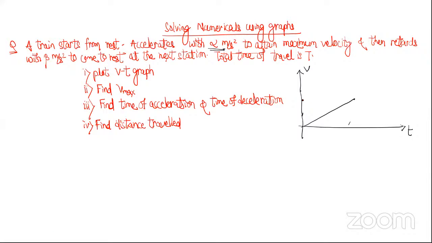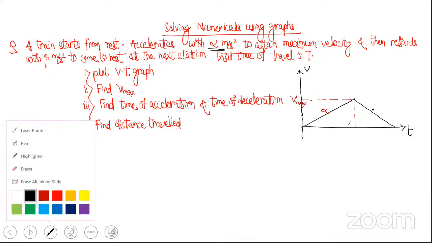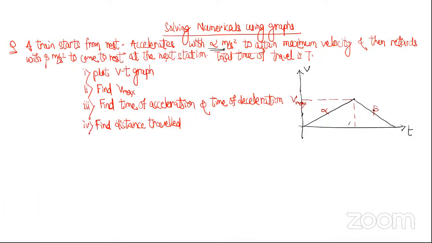So this is the maximum velocity. Now how much is that maximum velocity? That is not given. But this acceleration is given to be alpha. Acha. Then it decelerates. That means velocity decreases. And then it comes to rest. Acha. So here the deceleration is given to be beta.